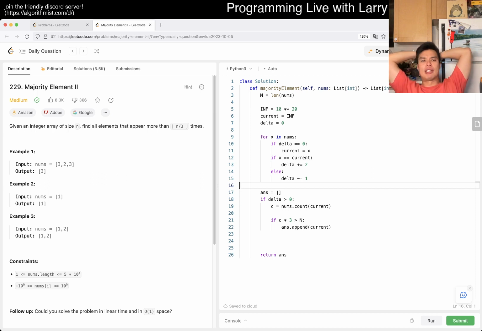I'm trying to think whether I can binary search, is what I'm thinking right now. What does the binary search look like? You do a binary search, or at least for one of the answers, not necessarily all of them.